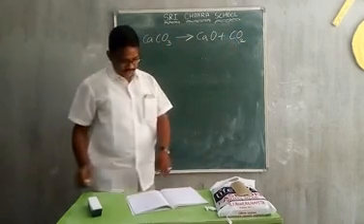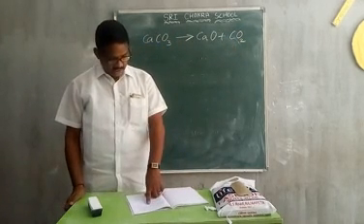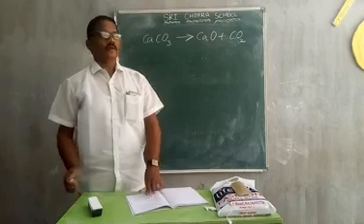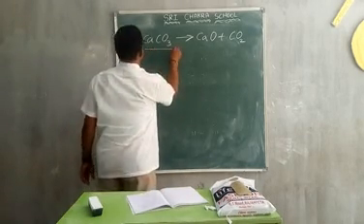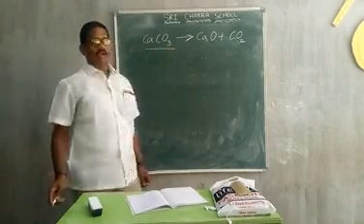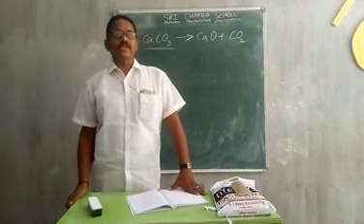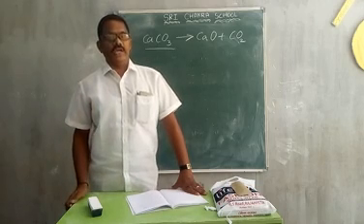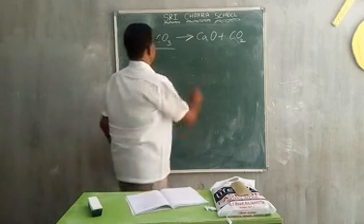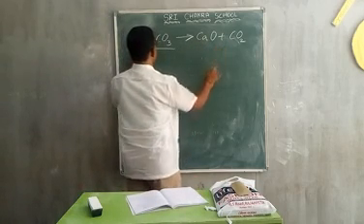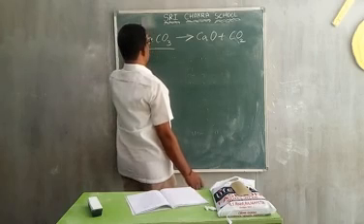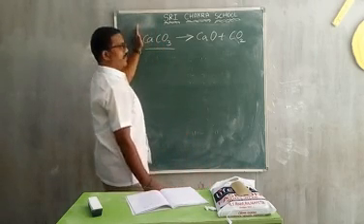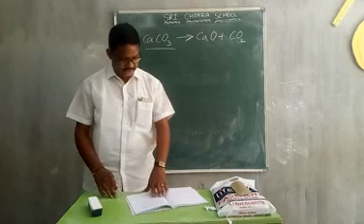The reactants are calcium carbonate. What are reactants? The substances that are participating in the chemical reaction, or we can say, if it is a chemical equation, substances that are written on the left hand side are called reactants.